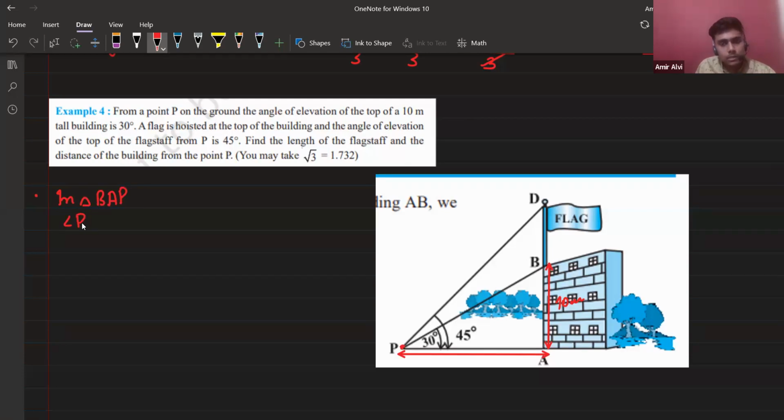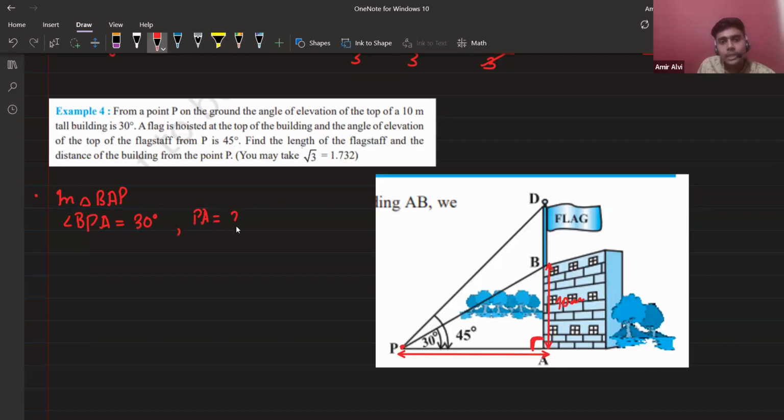You can use any of the names, but the right angle should be in the middle. If you want the middle angle, you can take BPA, which is 30 degree. But when you write the right triangle name, the right angle should be in the middle. Clear?